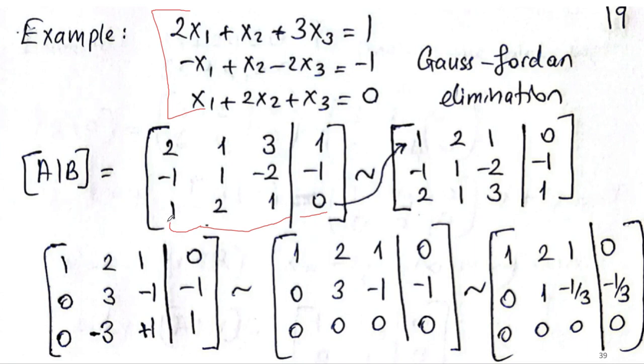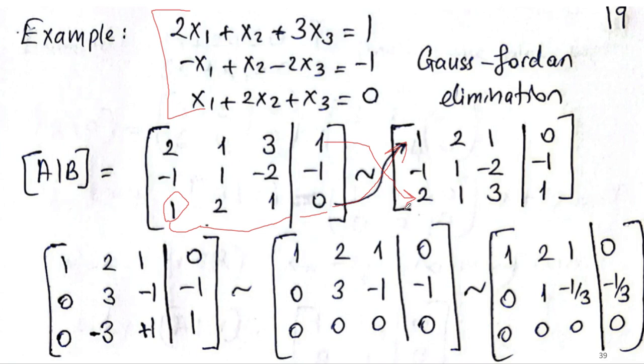Remember that it is always better to start with 1 in the first leading term for the first row, and in order to have that, we can put this as the first row, and then the first row becomes the third one. So there is a swap of orders here.